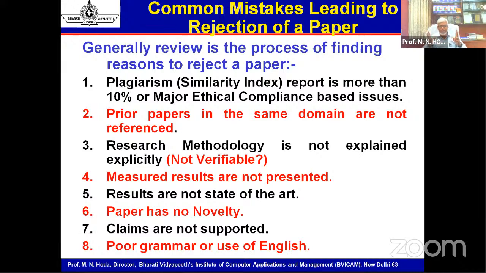So the two factors in the beginning are the similarity index, that is, plagiarism less than 10%, and if there are ethical compliances, you must address those compliances. There are minor ethical compliances also, but in that case you might get an opportunity to modify and improve during the process of revision. A minor ethical compliance issue could be that publishers come across papers written by 4 authors, and everywhere you have used "I did this, I did that, I came across this situation, I noticed, I found a result."